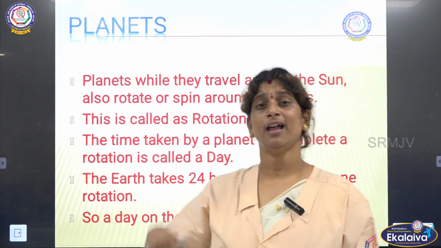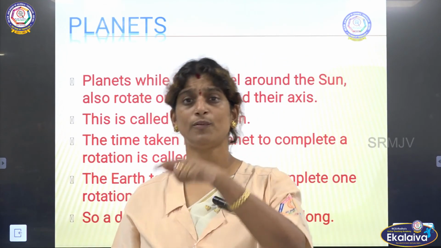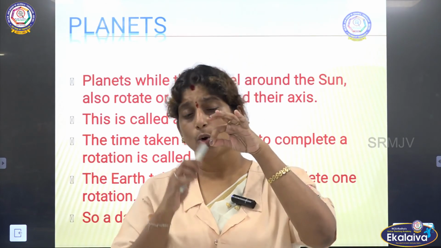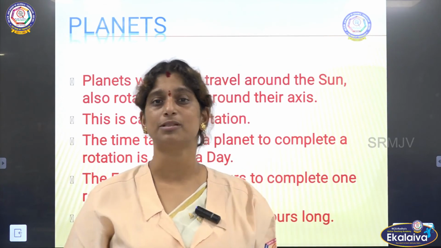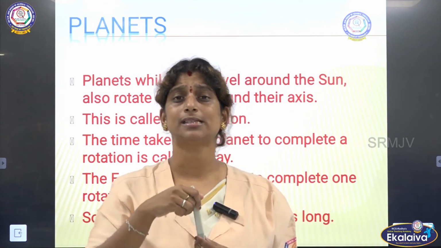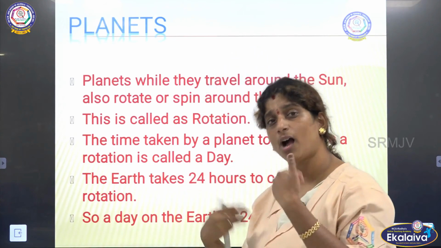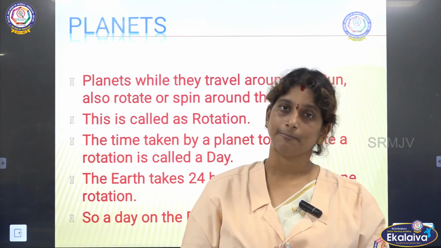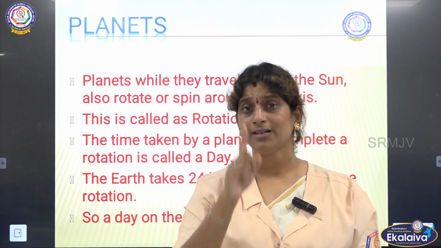We have seen how the planets go around the sun. While they are moving around the sun on their orbits, they also rotate themselves. So there are two types of activity at the same time. They spin around themselves, and that process is called rotation.